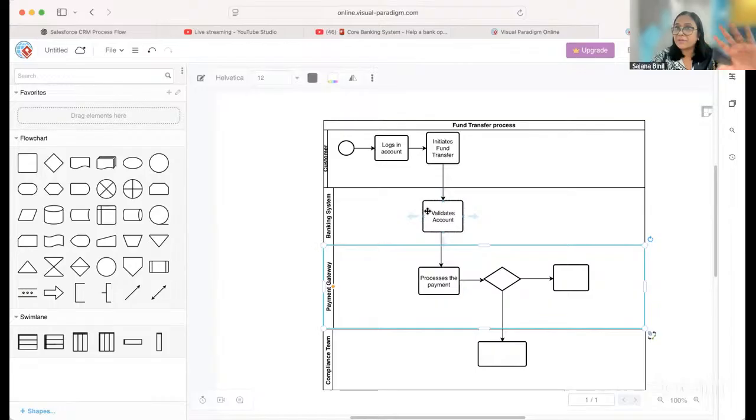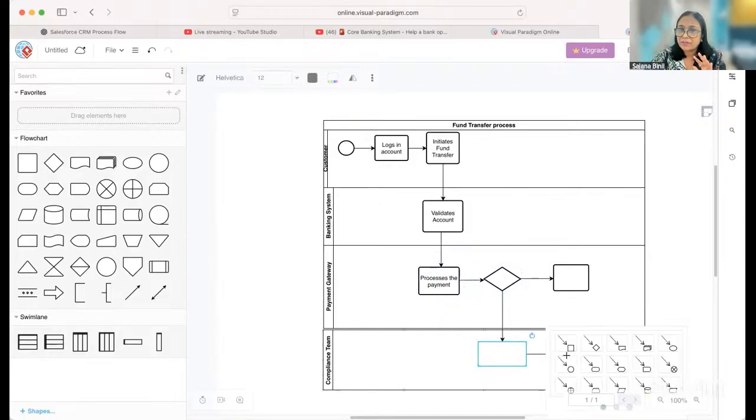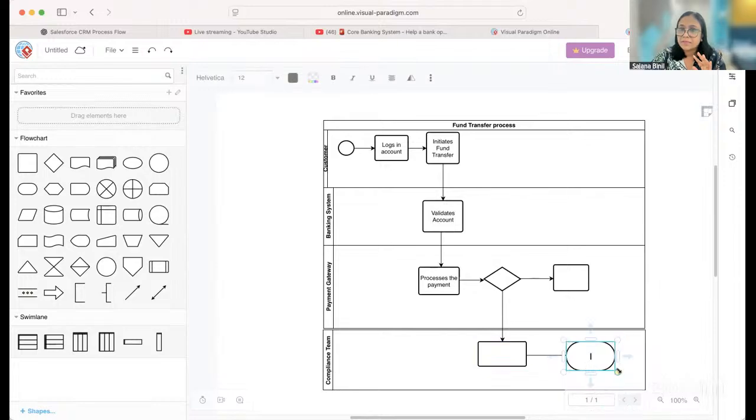We have not elaborated on validating the account or how the payment is processed. It is a high-level diagram, which just documents one error condition, payment processing success or failure, okay? And we'll end the flow here, saying that, okay, the flow gets over.